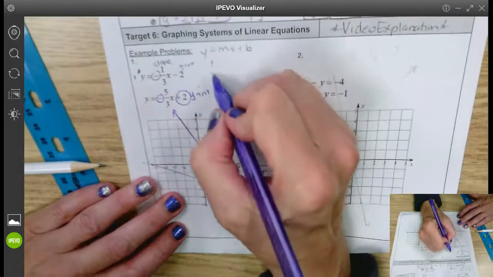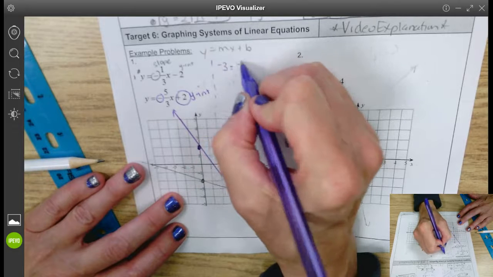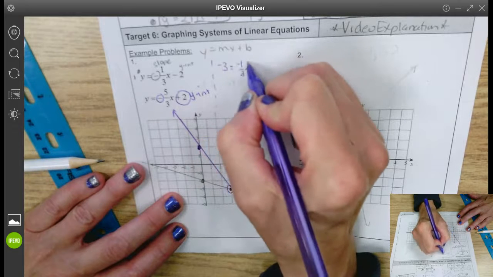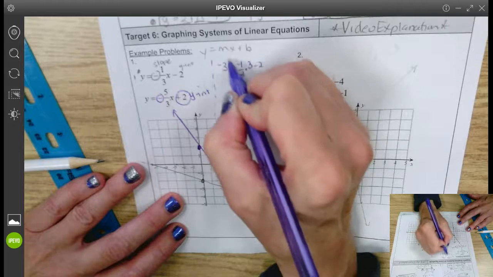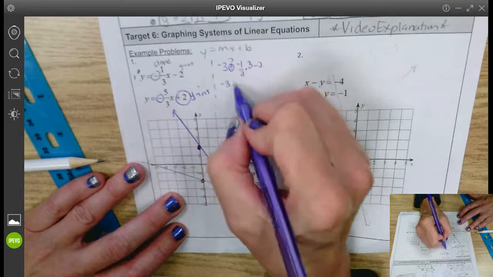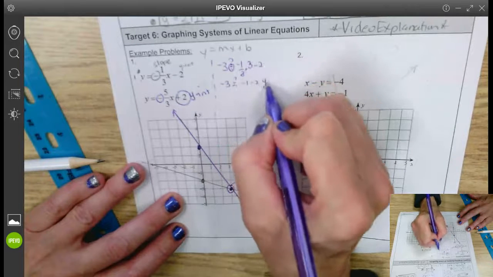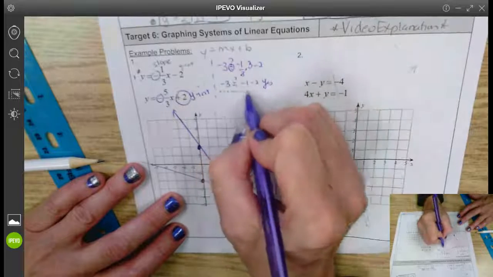And if you're just wanting to double check, you could easily substitute that into the original problem and just see, is it really true, equal or not? So -3, is it really equal to, that's going to reduce, -1 minus 2. Yep. You should also check the other guy.